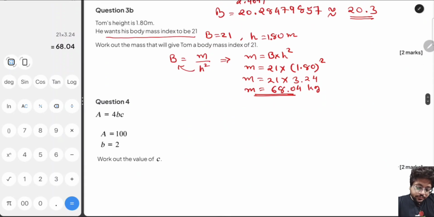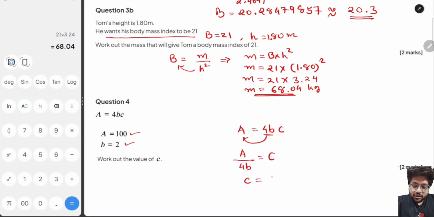Fourth question. A is equal to 4 times BC, and A is already given, B is already given. We are supposed to find the value of C. So in the equation, I'll make C the subject, so that C must be this 4 and B will go in division with A. So A upon 4B is equal to C. So C is equal to A, which is 100, upon 4 times B, so 4 times 2.